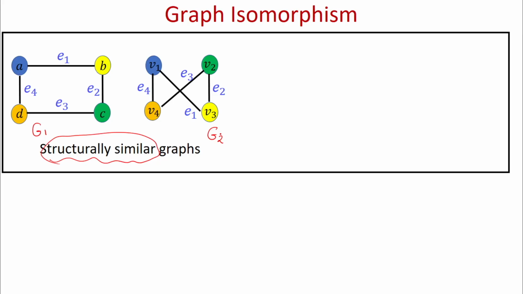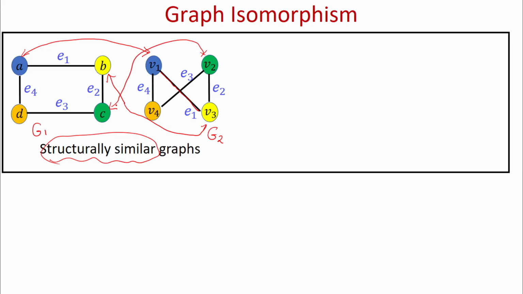What does that mean? If I think in my mind that vertex A of G1 corresponds to vertex V1 of graph G2, and if I consider vertex B of graph G1 corresponding to vertex V3 of G2, then you can see that there exists an edge between A and B in graph G1, and similarly I can consider this edge as the edge E1 between the mapping of A and the mapping of B. Similarly, this node C I can associate with the node V2 here, right?